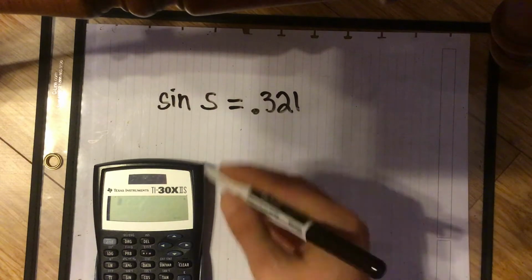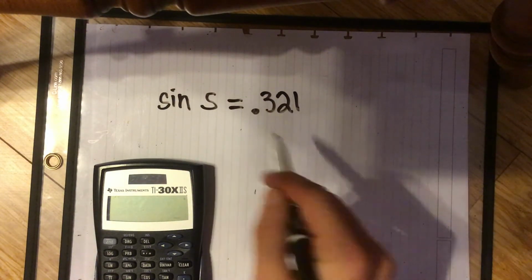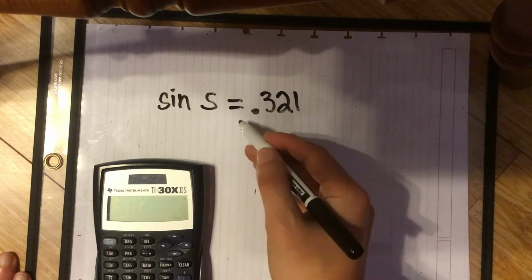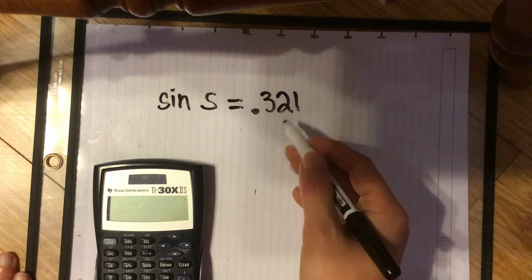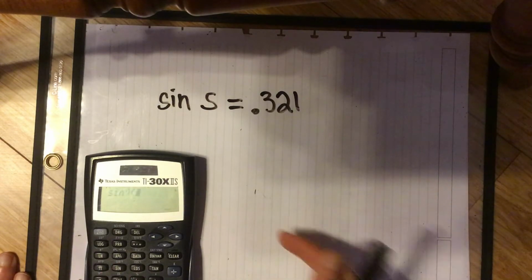You can still think of it as finding the angle that has a sine value of 0.321, that's totally fine. So if you want the angle that has a sine value of 0.321, anytime you're looking for an angle, you'd use inverse sine. So you do have to be in radians mode.